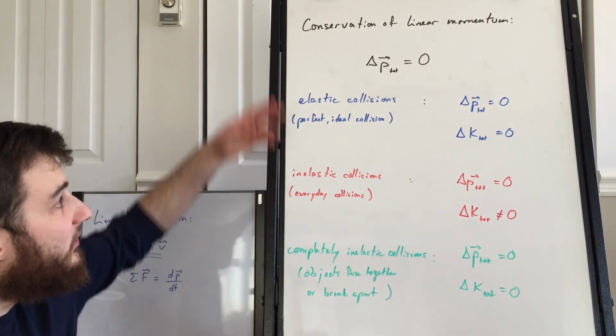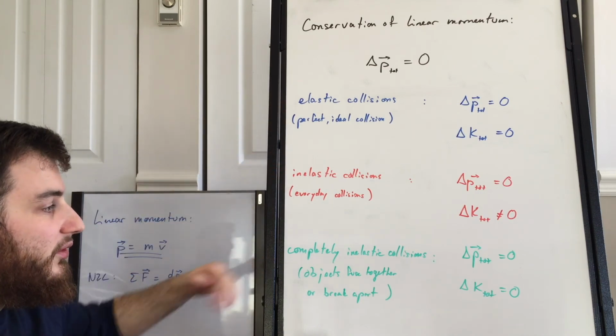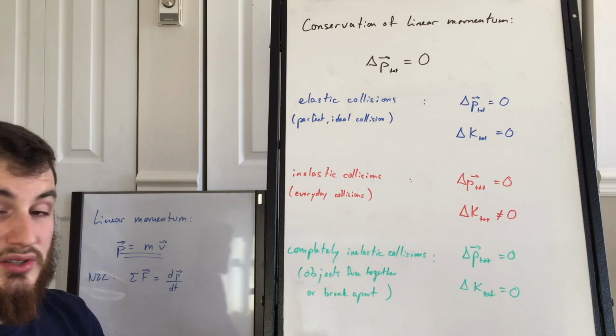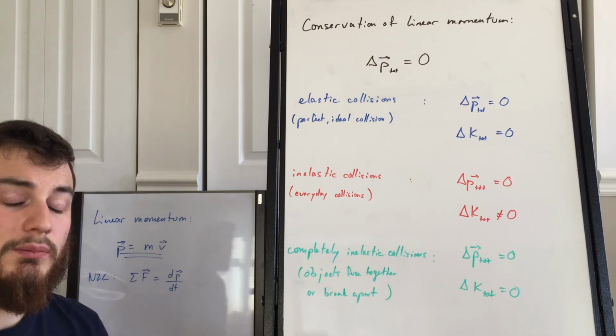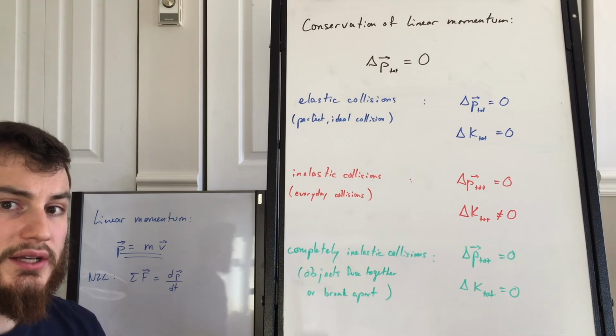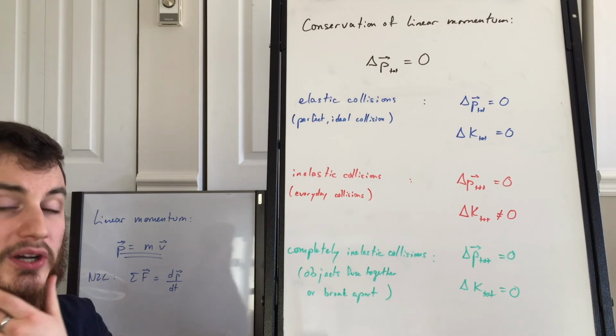And that's it. This is the conservation of linear momentum, and we apply it into one of these three classes of collisions. The rest is just application of this. The warning for this section is that the algebra can be very delicate. We need to be careful about how we place our axis and which direction we specify as being positive and negative.